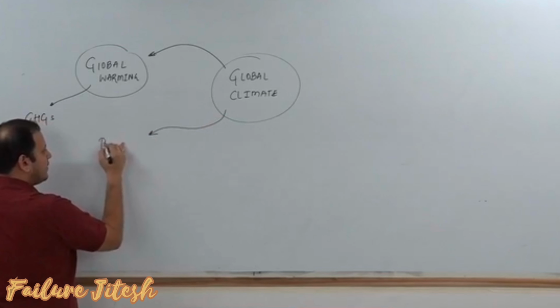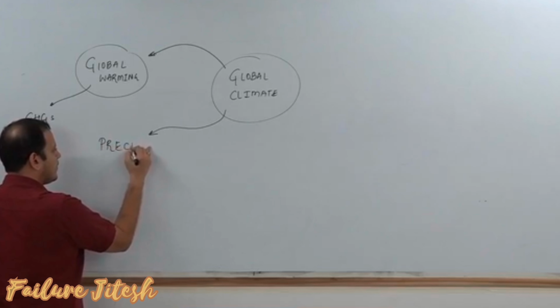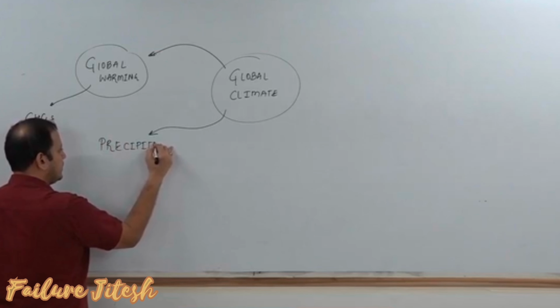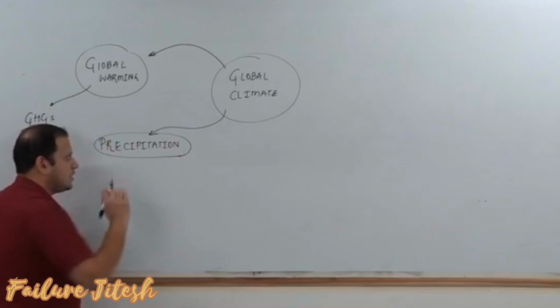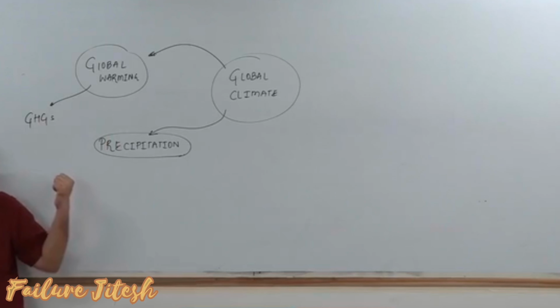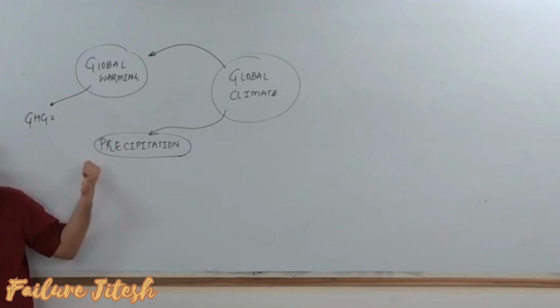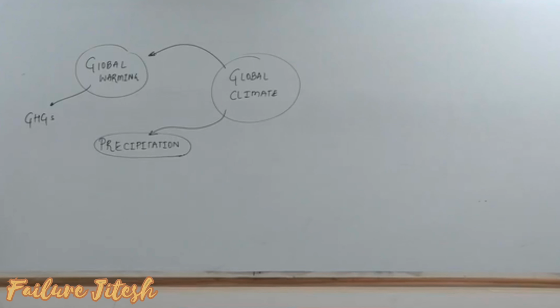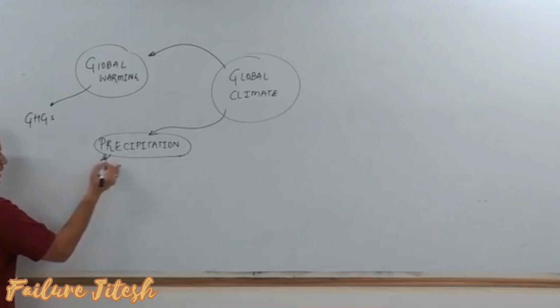Can I say precipitation or rainfall? It will result into precipitation or rainfall. So I guess ये point किसी ने लिखा है यहाँ पे, precipitation or rainfall. So it will result into more and more rainfall. And why rainfall?